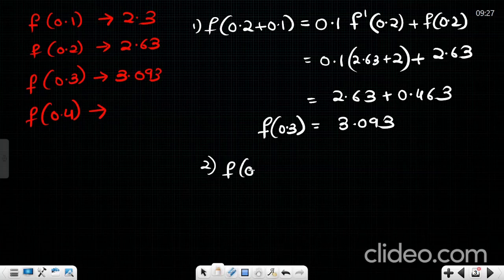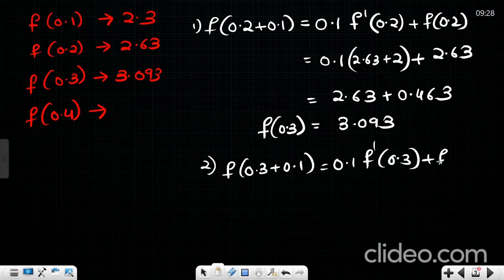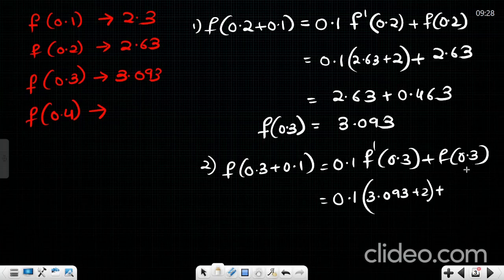f of 0.4 will become 0.3 plus 0.1, nothing but h into f dash of 0.3 plus f of 0.3. So 0.1 into f dash of 0.3 will become, according to the definition given in the question, y plus 2. So at 0.3 the y value is 3.093 plus 2 plus f of 0.3, we got it as 3.093.